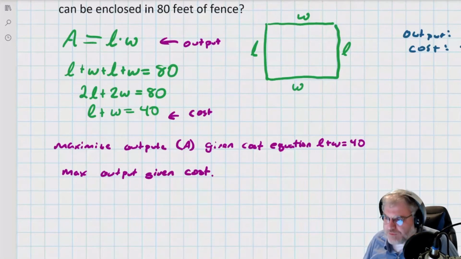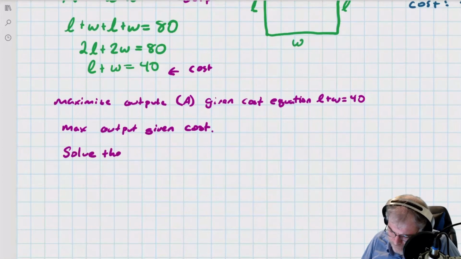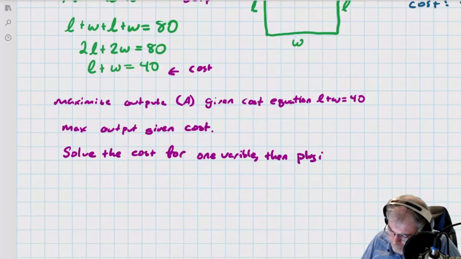So what I'm going to do when I want to max output given cost is I'm going to solve the cost for one variable, and then plug it into the output equation.